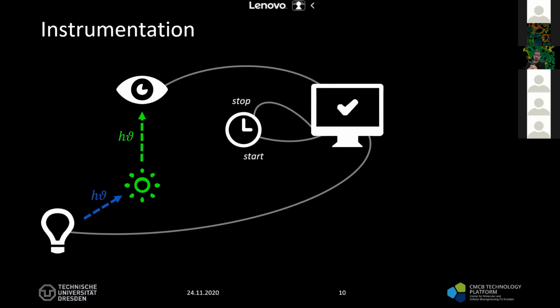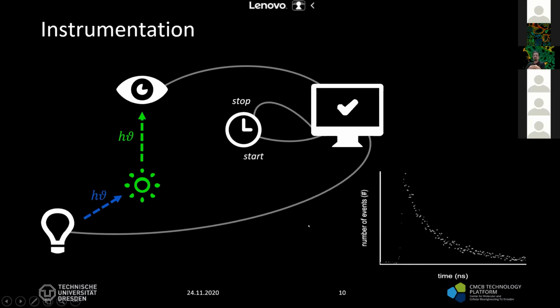If it hits a molecule, it would excite it, depending on some other parameters, but we assume that it excites a molecule, and the emitted fluorescence would be detected by the detector, and we do this acquisition several times, till the moment that we acquire enough photons to determine the fluorescence decay curve of this fluorophore.